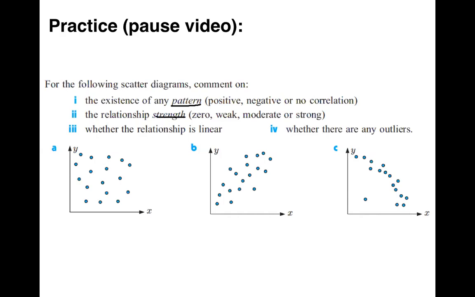So is it 0, weak, moderate, or strong? Describe whether the relationship is linear and whether or not there are any outliers. So go ahead and pause the video and comment on each of the scatter plots addressing these 4 different things.